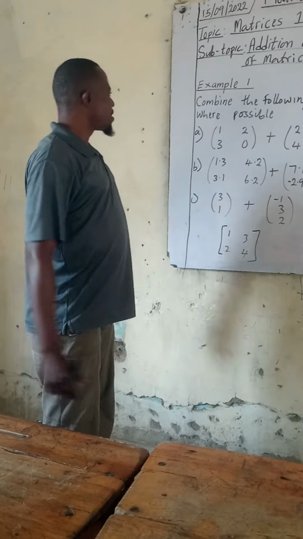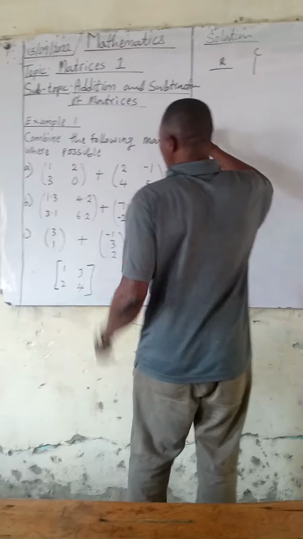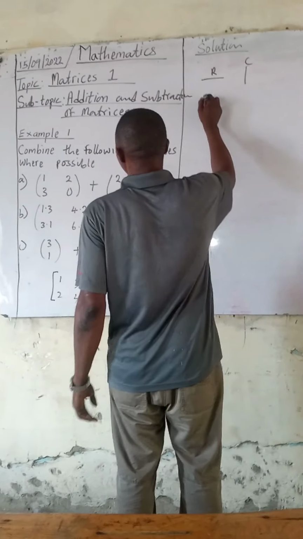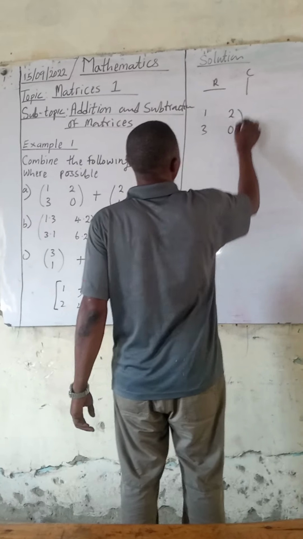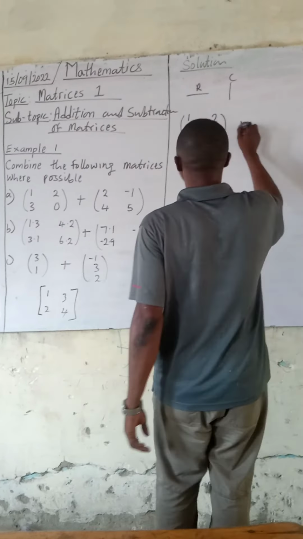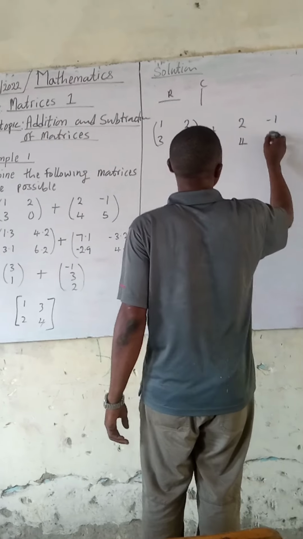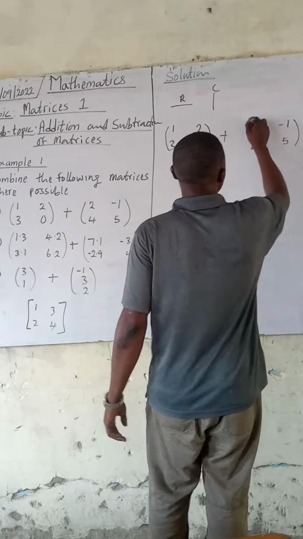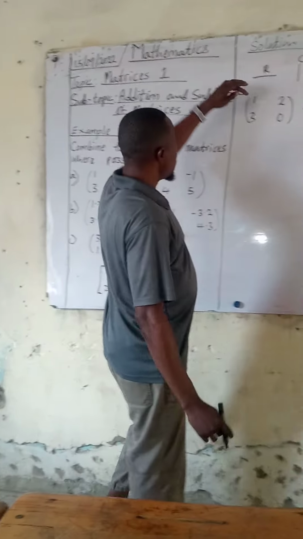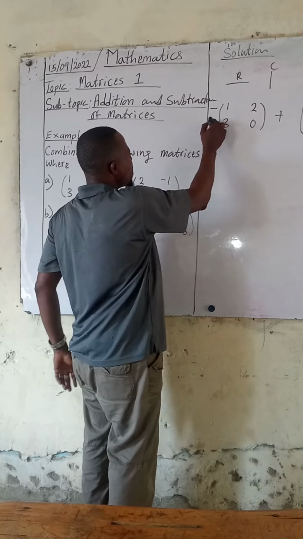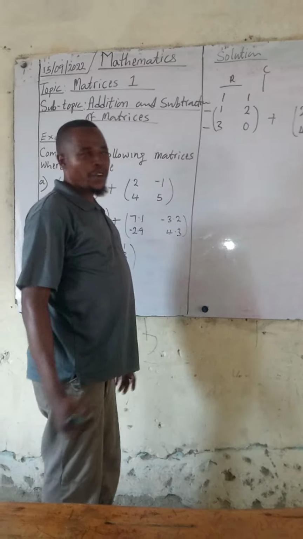Combine the following matrices where possible. Now, the first one is we have 1, 3, 2, and 0 plus 2, 4, minus 1, and 5. So in this case, if you want to add them together, this is what we call row. Row 1, row 2. This is column 1, column 2. Do you understand?